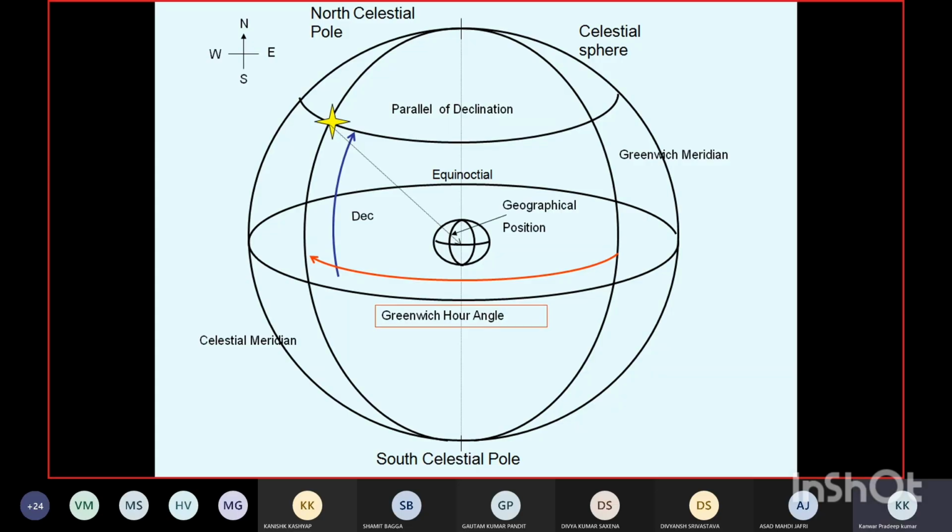So now I have successfully brought the body down onto the earth and I have a reference point. I may be at any point on the earth as an observer, and from there, if I am able to measure this distance and the angle, I'll be able to get my position.